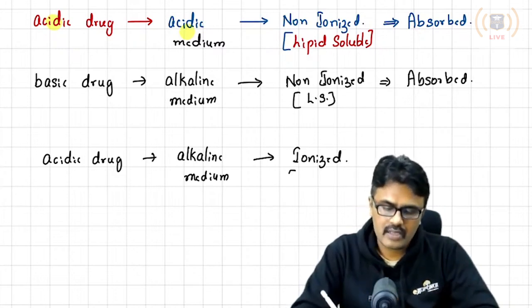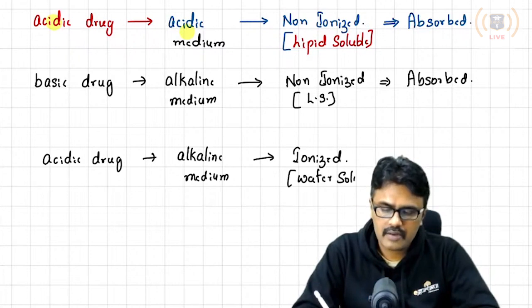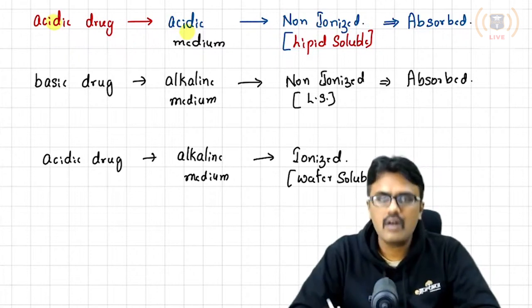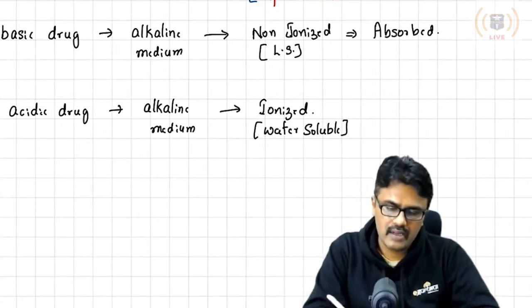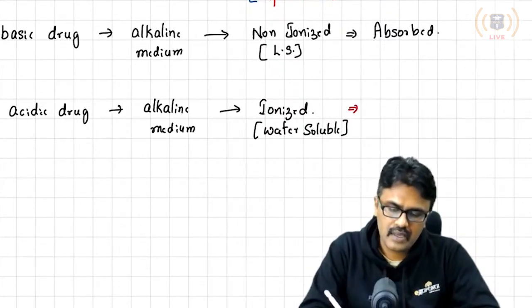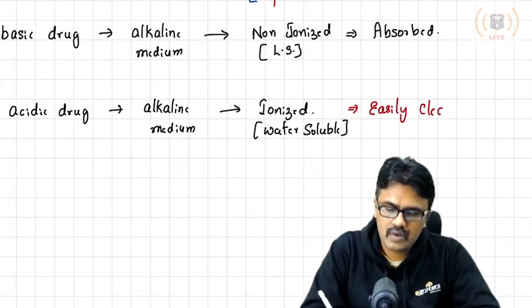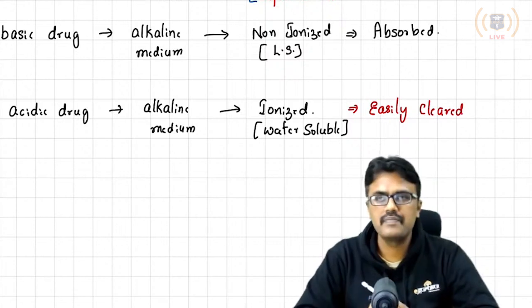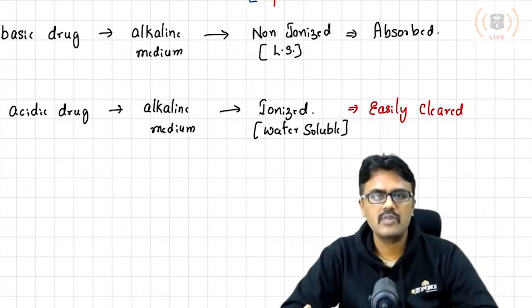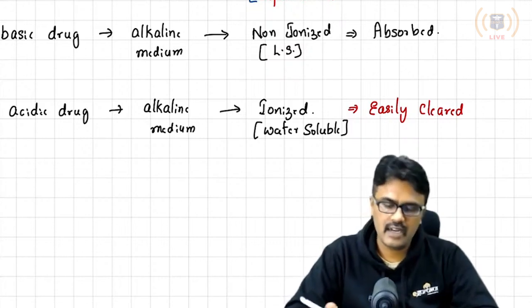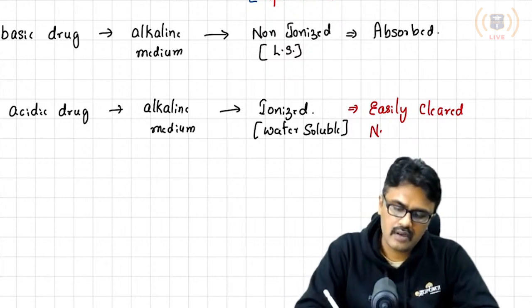So we call it a water soluble drug. A water soluble drug is not absorbed unless there are pores or something like that. So it is easily cleared from the body. It is not absorbed, that is the meaning.